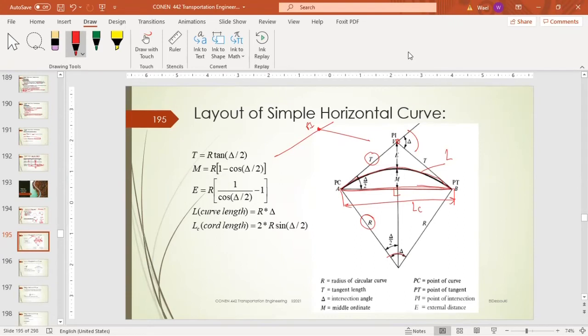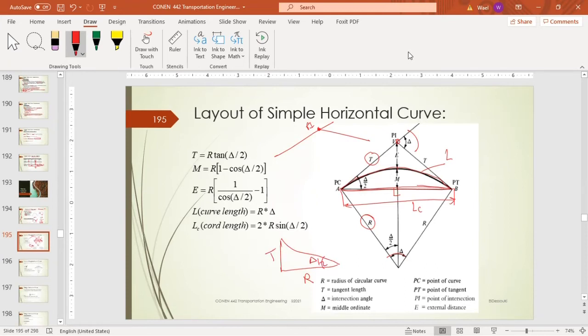Okay, these are basically very simple geometric functions that we can use. So here, look at the T. This is R, and this is T, and this is delta over 2.